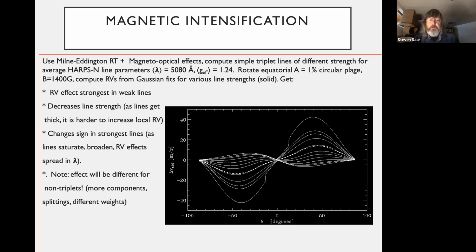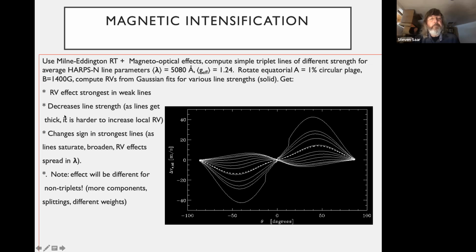The weakest lines give the relatively strongest effect, and then as the lines become stronger, the curve decreases in amplitude and actually reverses sign at some point.